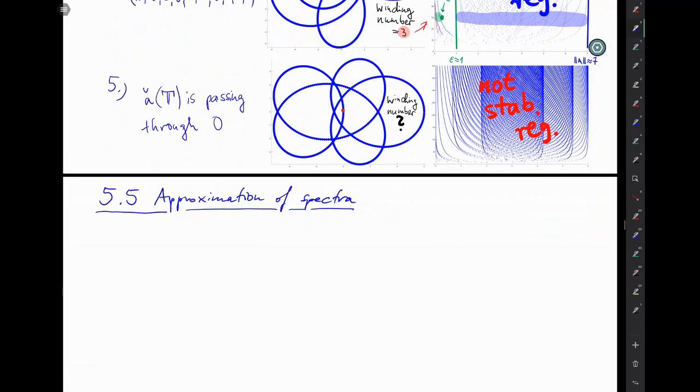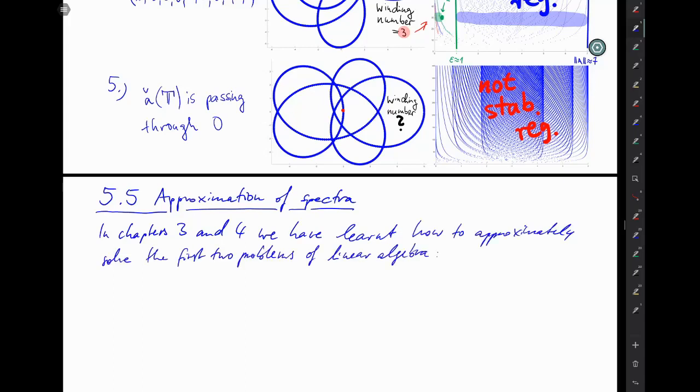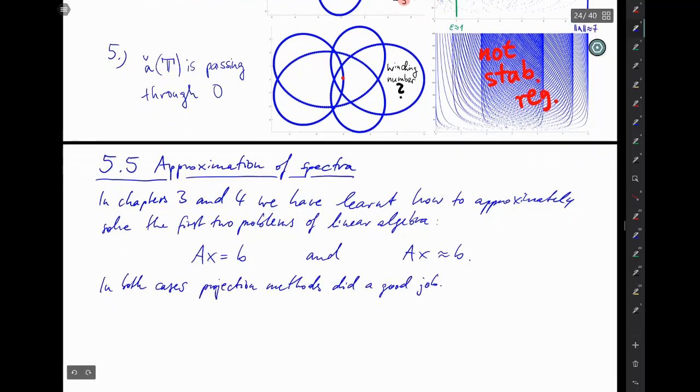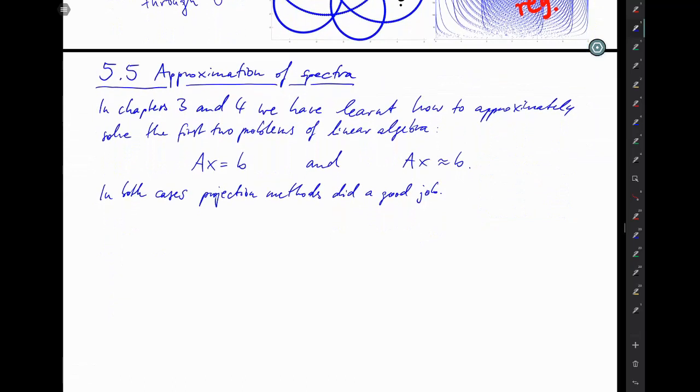Well, in chapters 3 and 4 we have learned how to approximately solve the first two problems of linear algebra: linear equations and linear least squares problems. In both cases, projection methods did a good job. Now comes the third problem of linear algebra, eigenvalue or spectral problems.